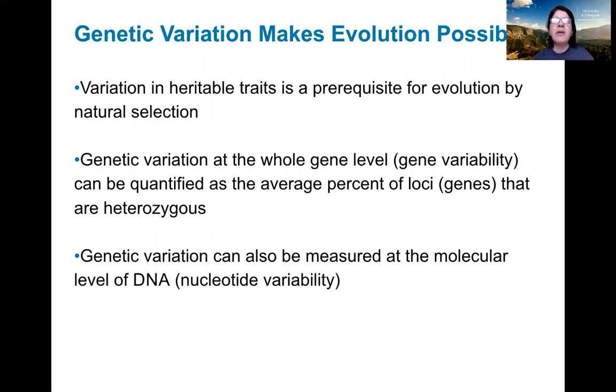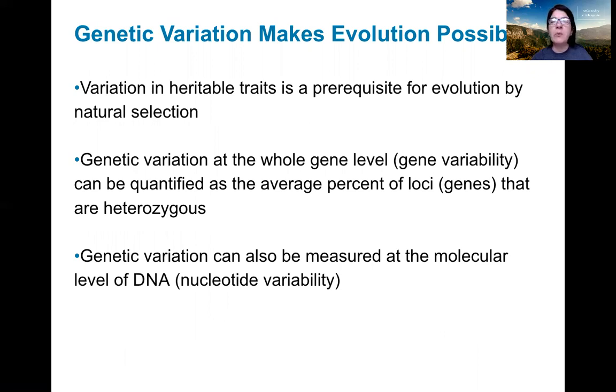So genetic variation is what makes evolution possible. The variation of heritable traits is a prerequisite for evolution by natural selection. Genetic variation can be measured at the whole gene level, that is gene variability, and can be quantified as the average percent of loci that are heterozygous. Remember, loci is another term for genes.